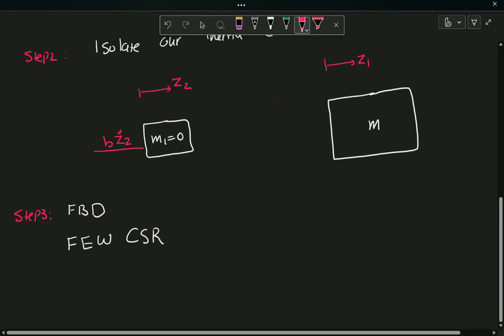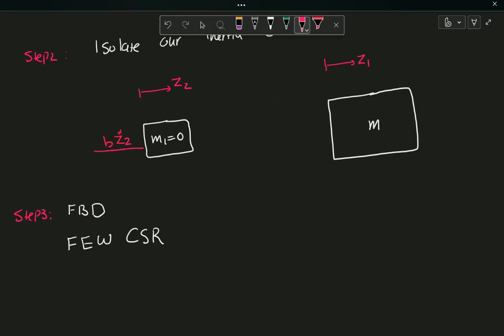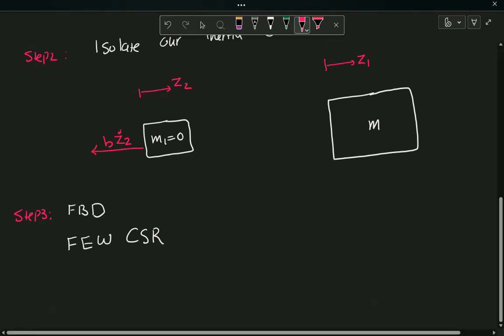The only thing you need to take care of is the direction of this motion. You guys know that the friction force is always opposing the direction of motion. If you assume that the box is going to the right, this is going to go to the left. Good?